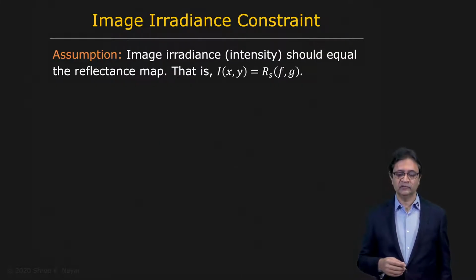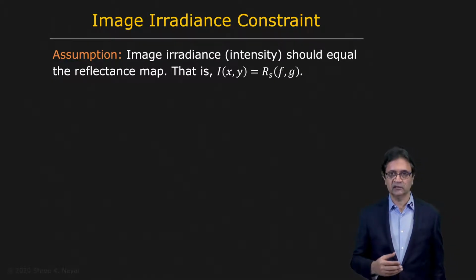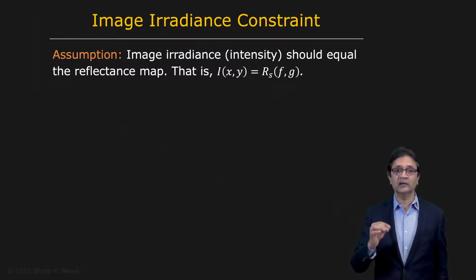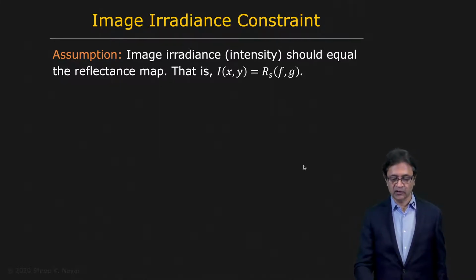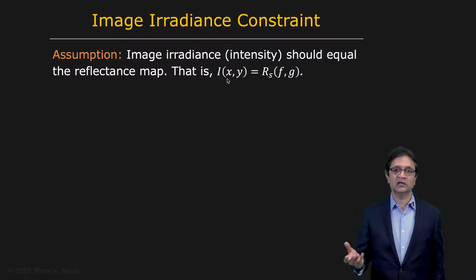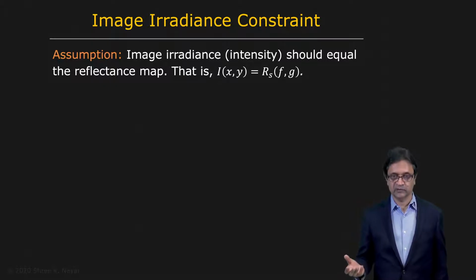And then we have the most important constraint. This is a fundamental constraint, which is called the image irradiance constraint. And that's basically telling you that whatever FG value you compute at a pixel, when you plug that into your reflectance map, which you've pre-computed, you should get an intensity value which is equal to the intensity value that you measured at that pixel.